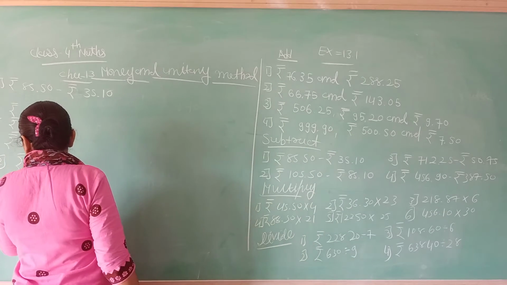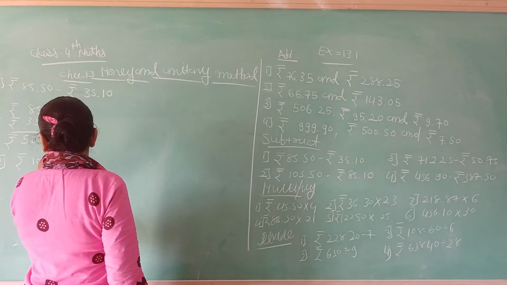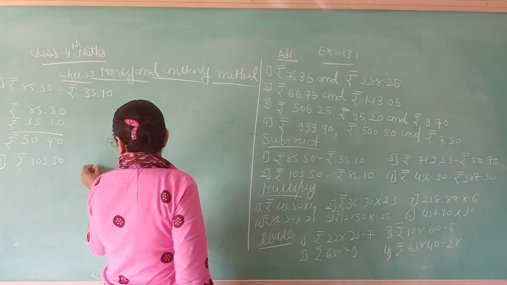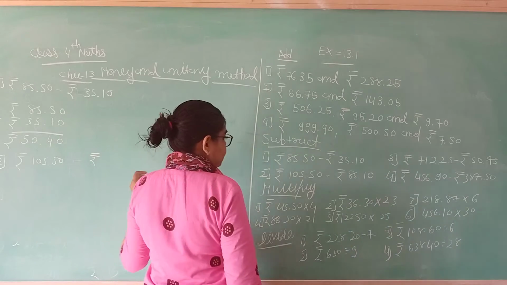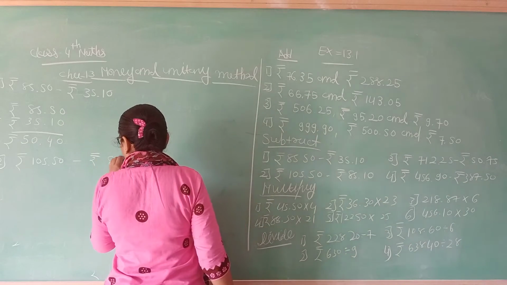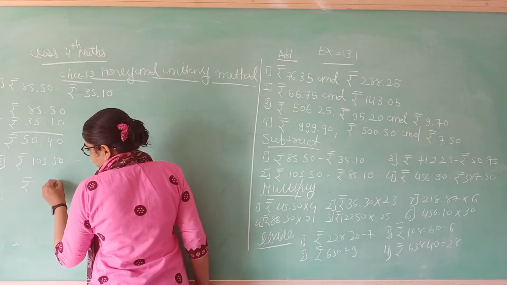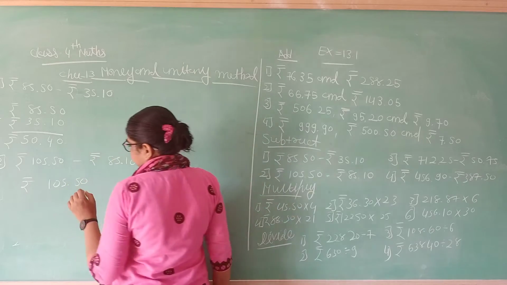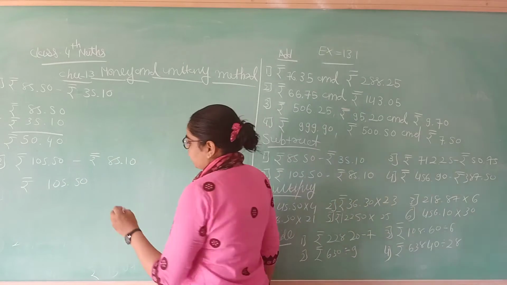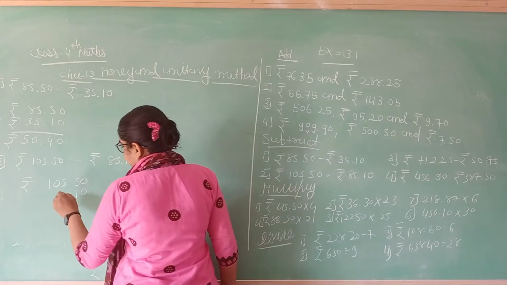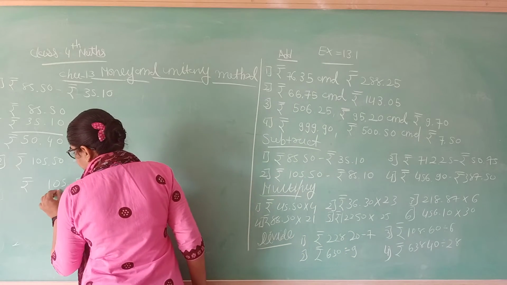Then second one, rupees 105.50 minus rupees 85.10. Okay, so first 105.50. Okay, next number 0 here, 1 here, then after the point, then 5 here, 8 here.